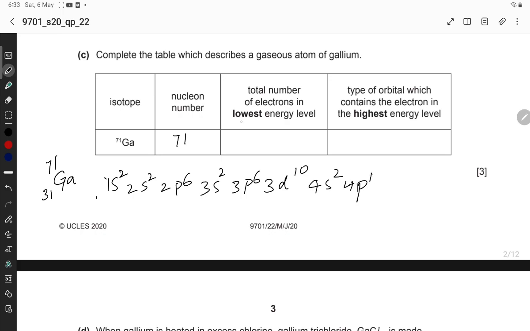The total number of electrons in the lowest energy level is 2, and the type of orbital which contains electrons in the highest energy level is p orbitals.